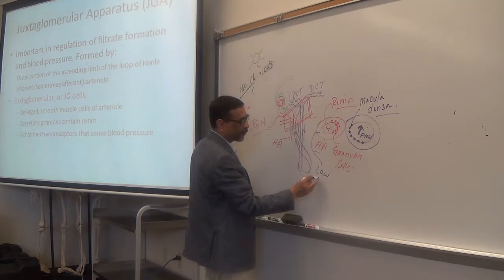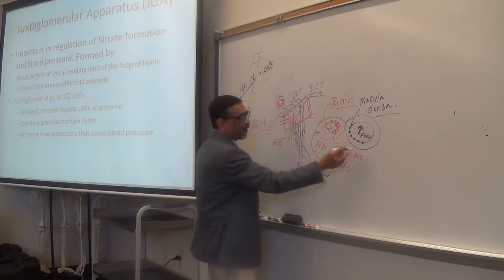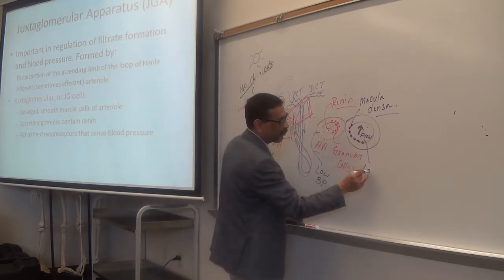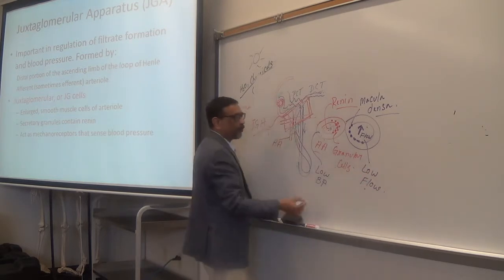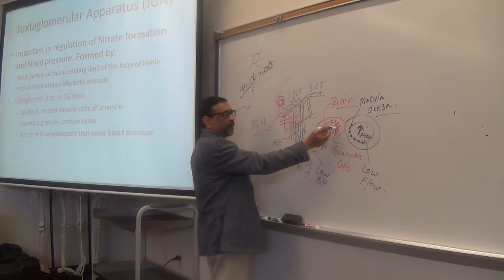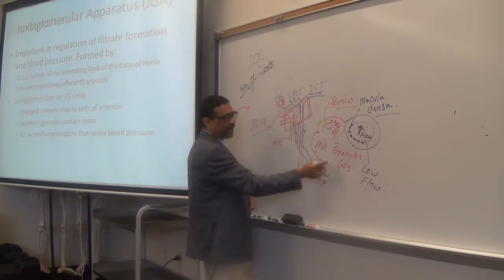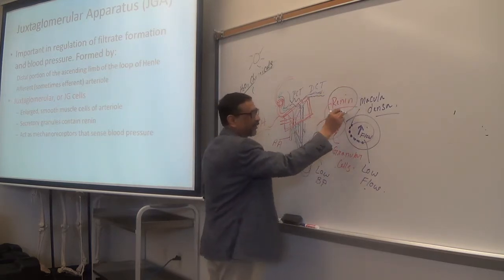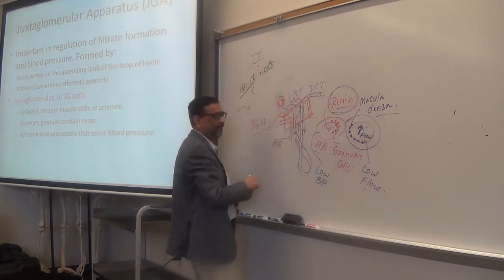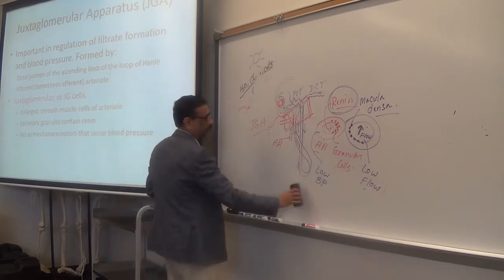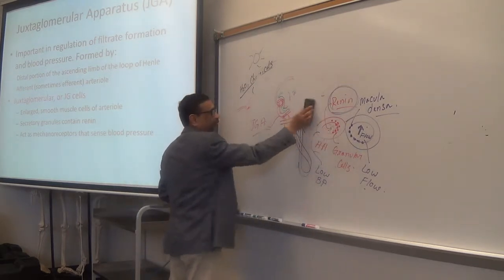So low blood pressure and low flow of urine will stimulate the granular cells to release renin. This is the most important thing. Renin is secreted when the blood pressure drops or flow of urine drops.